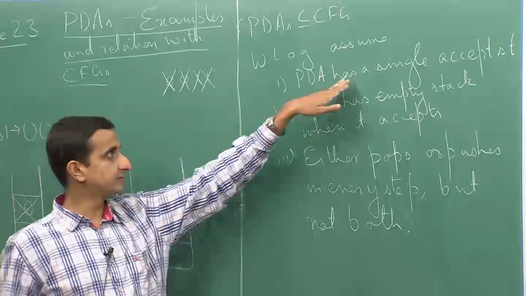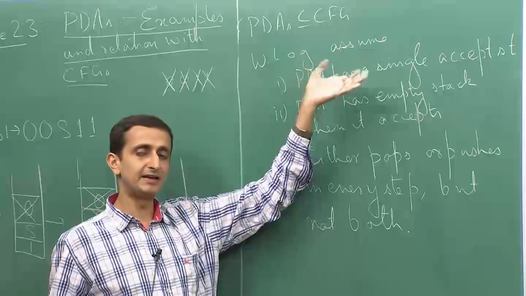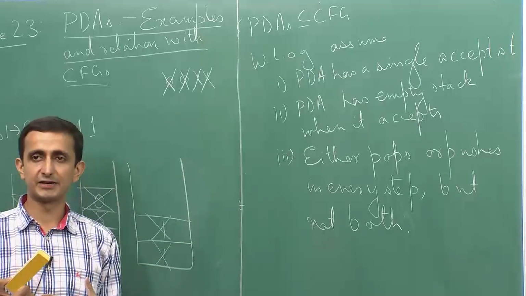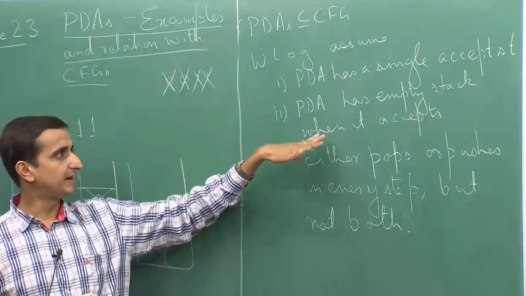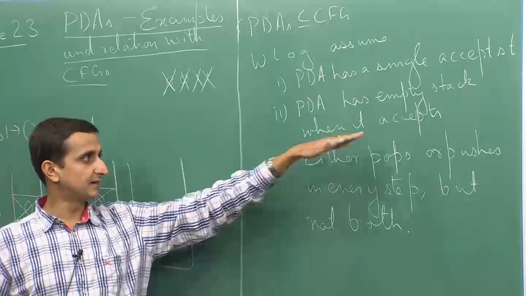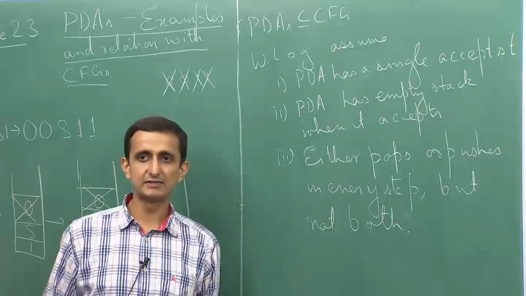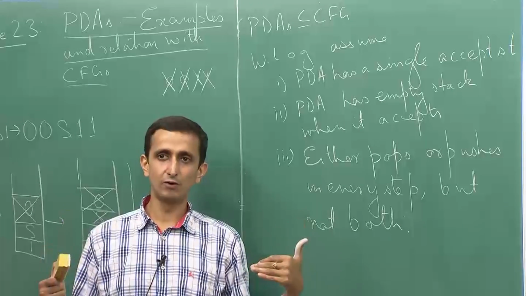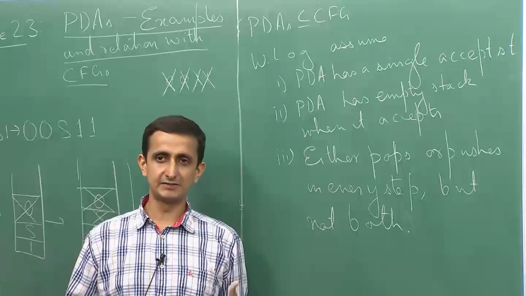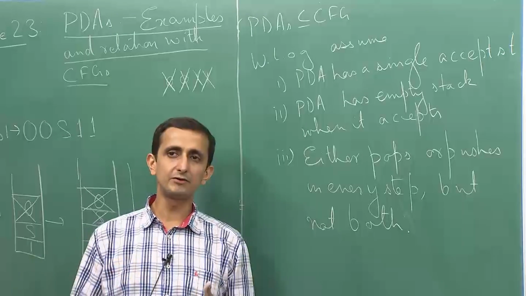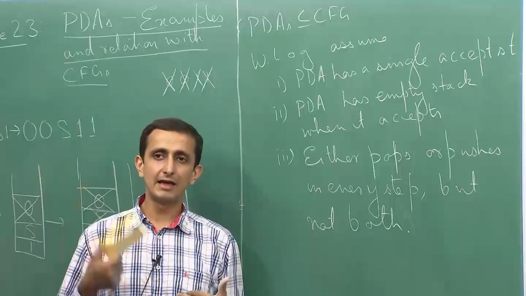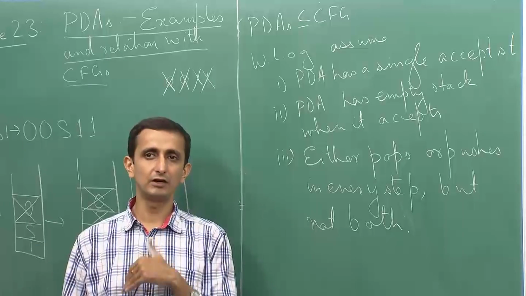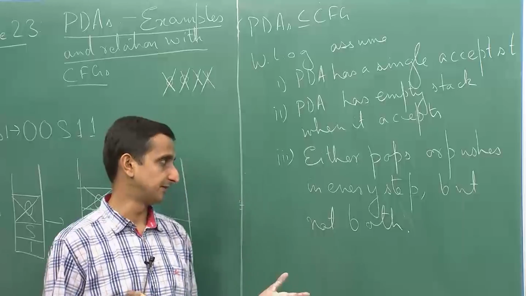So, how can we ensure this? If the PDA has multiple accept states, I just put epsilon transition from all these accept states to one accept state. If the PDA, when it accepts, does not empty out its stack, what we do is that if it reaches the accept state and it has exhausted the input, we will create a new accept state, and before going to the new accept state, we will pop everything out of the stack, we will make sure it is empty, and then non-deterministically move to the new accept state once it has become empty.